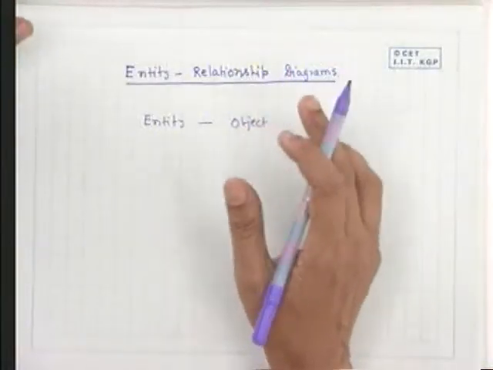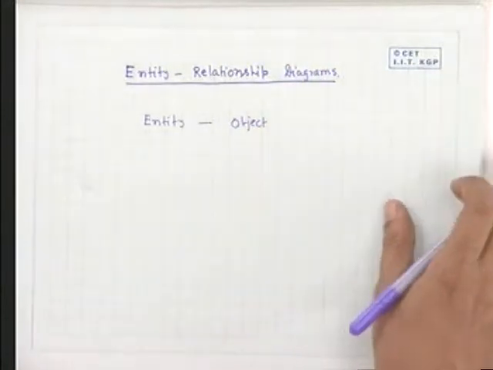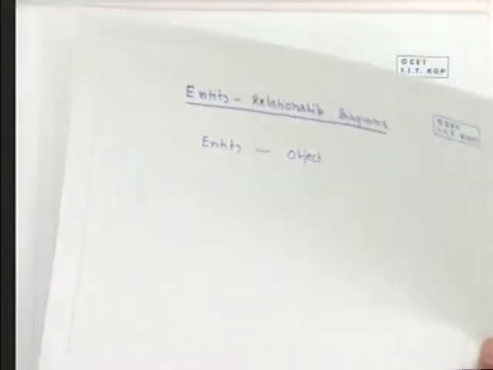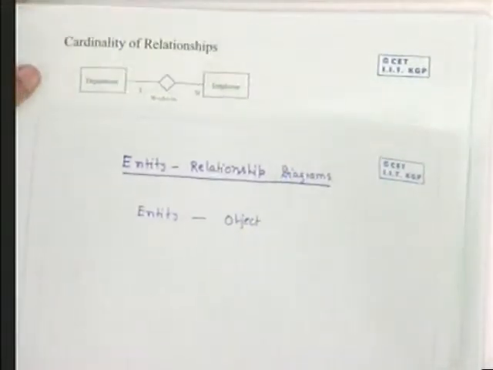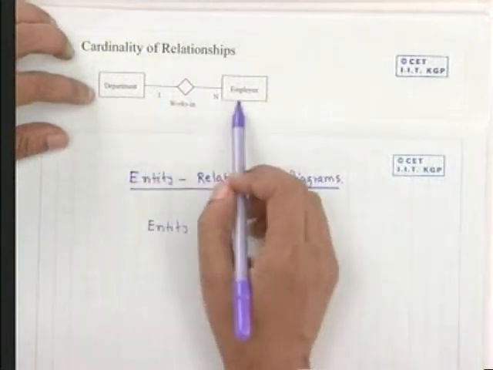In an ER diagram, the entity relationships are often expressed in terms of the cardinality of the relationships. Say, let's take an example that we have two entities, one is department, another is employee.